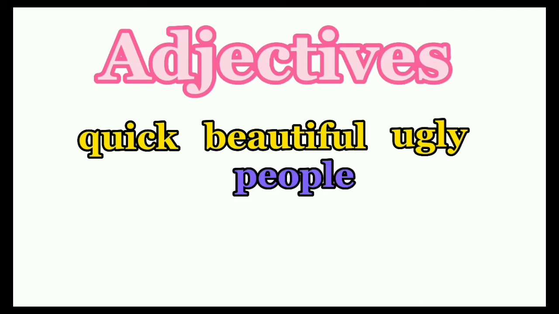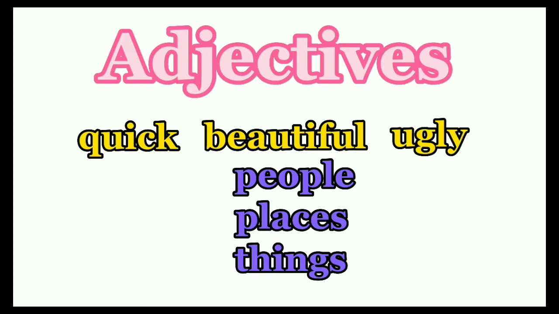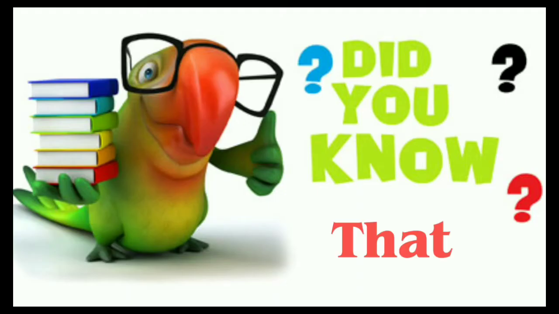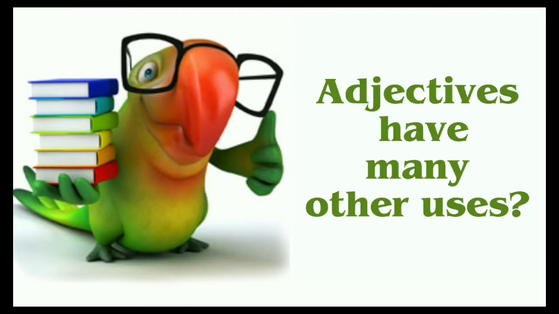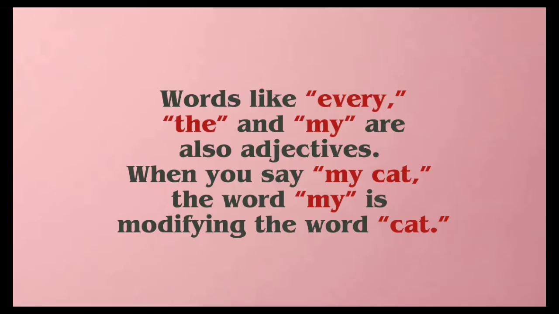So you might already know about adjectives like quick, beautiful, and ugly, which are used to describe people, places, and things. But did you know that adjectives have many other uses? Words like every, the, and my are also adjectives.